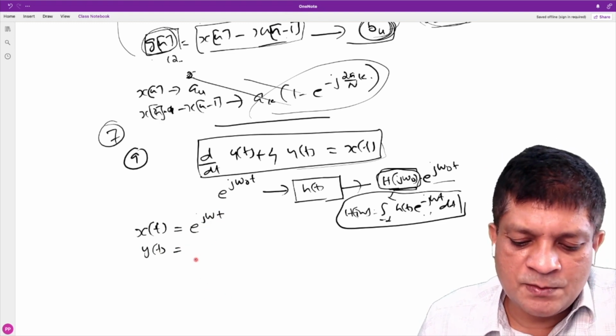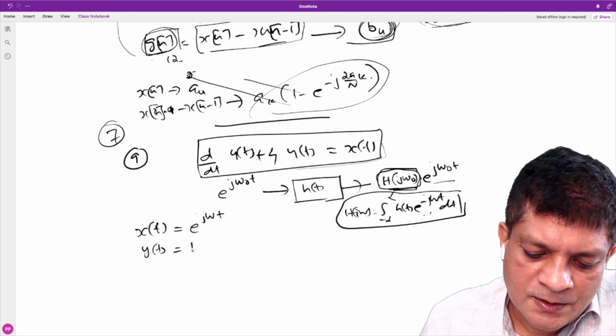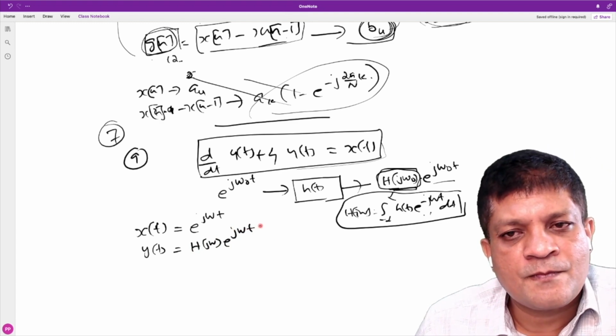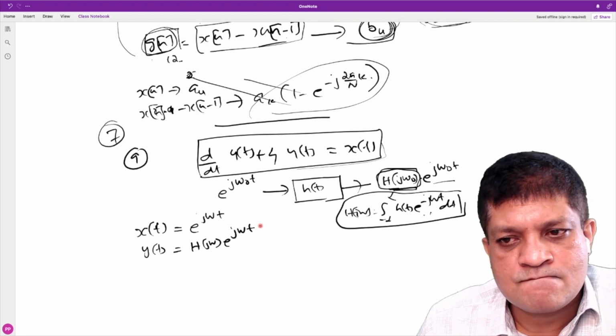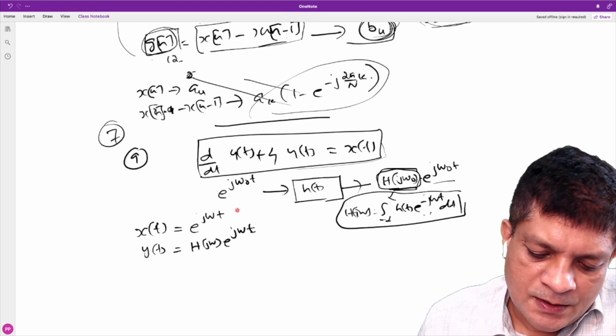Using the eigenfunction property, it is H(j omega) into e to the power j omega t. Yes, that is the eigenfunction property.